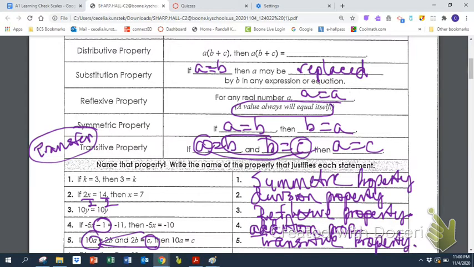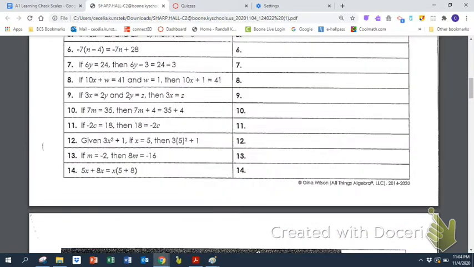All right. I want you to pause the video and try the next 5 on your own and then check back. Okay. So hopefully on number 6, you got distributive property. And then on number 7, hopefully you got subtraction.